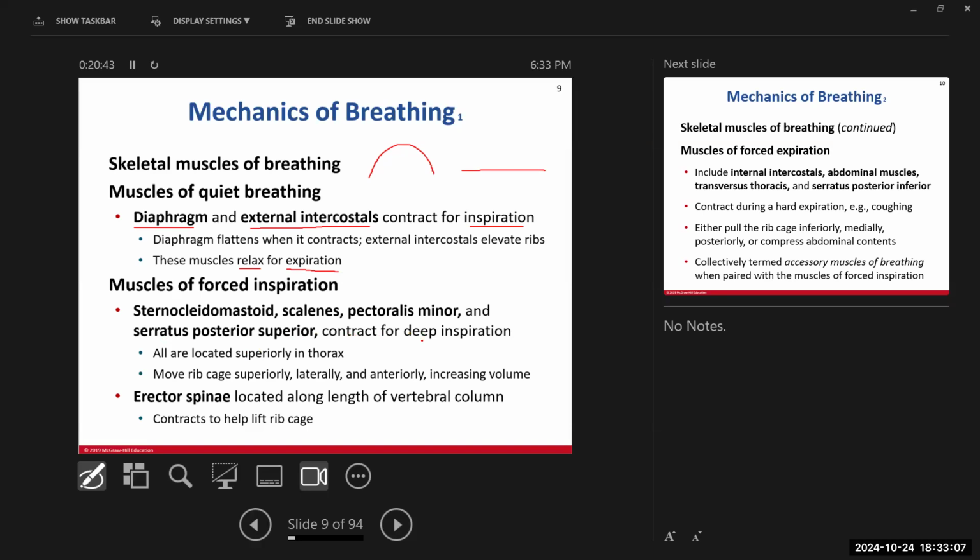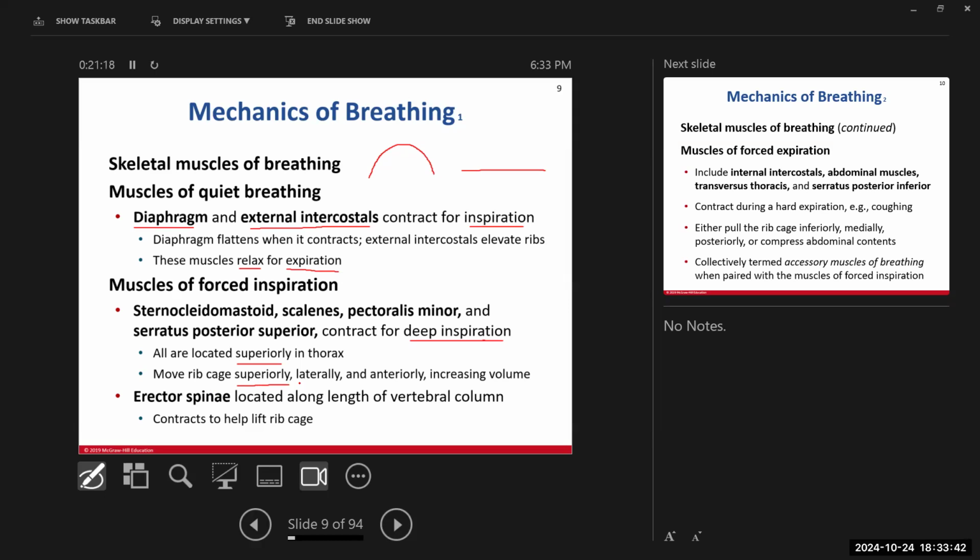Anyways, point being is you're going to recruit these extra muscles in order to get a larger change in your thoracic cavity volume here. So all of these sit superiorly on the thorax. When you utilize these muscles, they're going to pull the ribs up and out even more. So there are 3 ways that your thoracic cavity changes its dimensions when we're affecting the volume. One is superiorly, which means we'll make it taller inside.